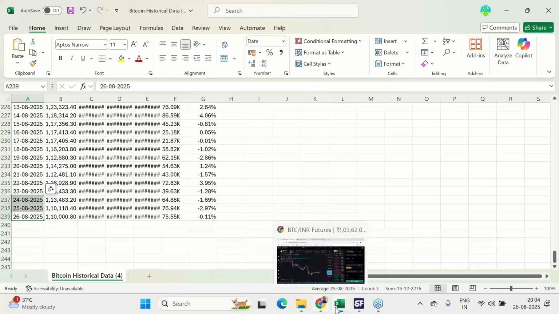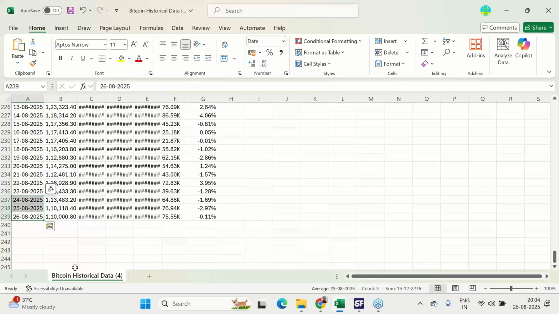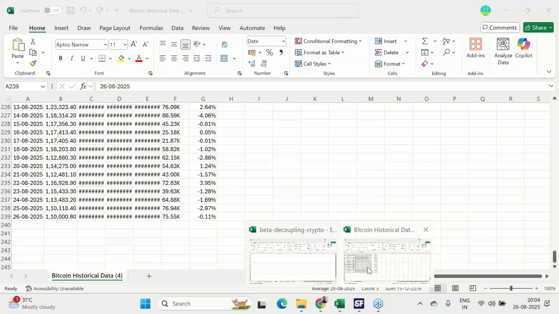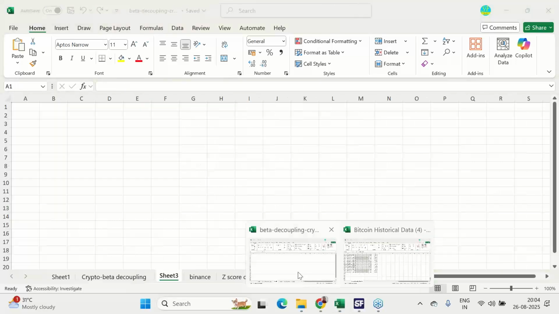So here too, let me check how many data points I'm using. I want to change this and make it a fresh data point.